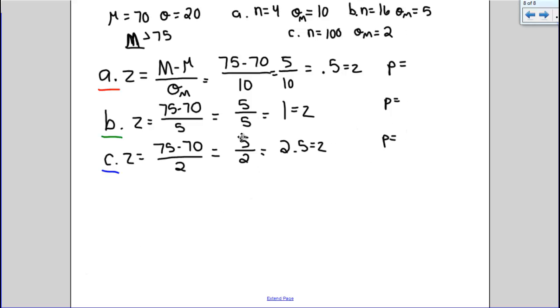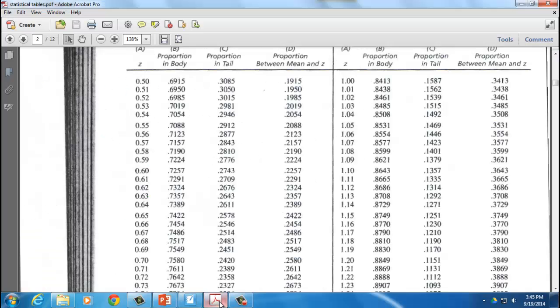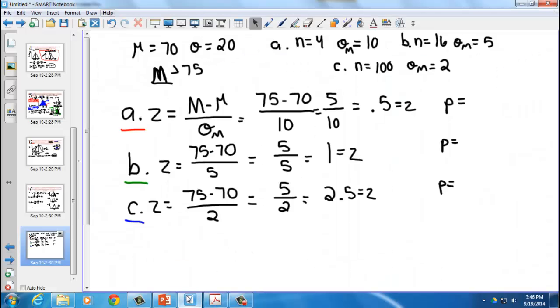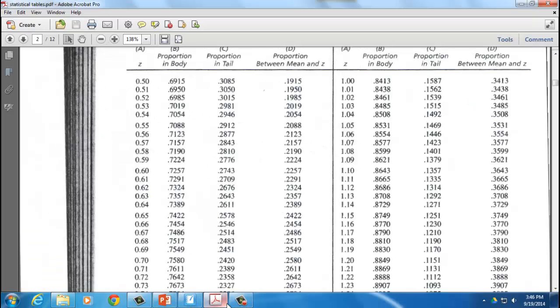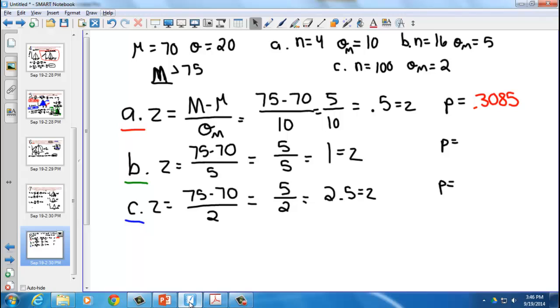So if we look for z of 0.5 and the proportion in the tail, we end up with 0.3085. When we have a z-score of 1, the probability of getting greater than 75, the tail, is 0.1587.